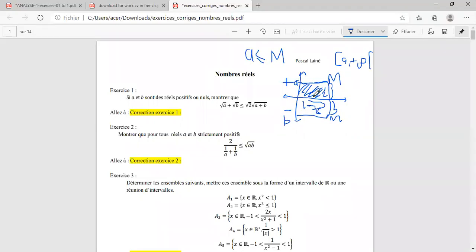The same thing applies for B. For B, the highest value I have in this range goes to a certain value down to negative infinity, because this can be going down. My M is going to be focused here.